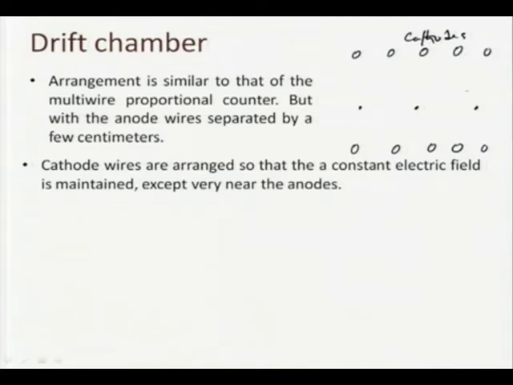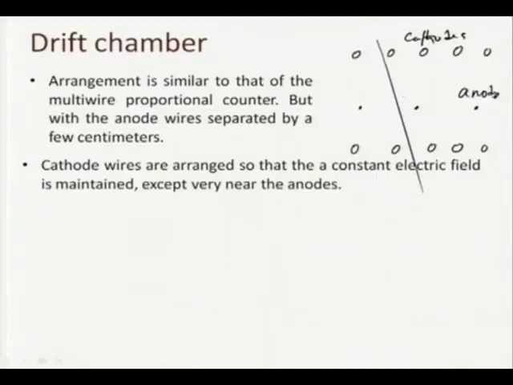Okay, this is anode. Typically, a few centimeters is the distance between the anode wires, and the cathode wires are arranged so that in most of the region, excepting very near the anodes, the electric field is constant.